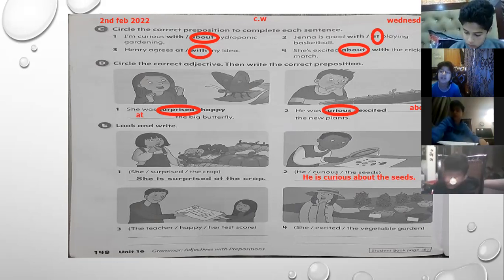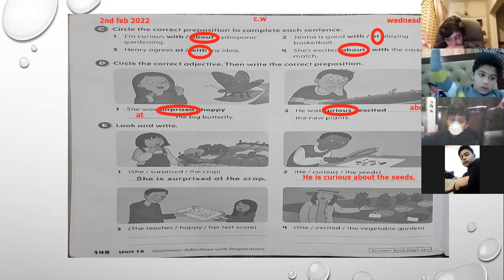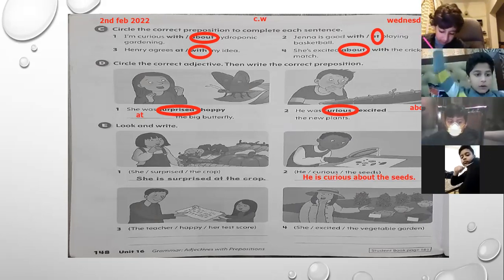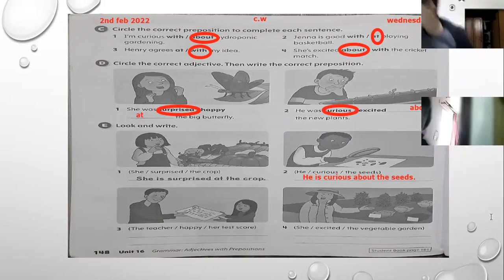Ma'am, if it is, the teacher is happy. Yes, ma'am. Which preposition will be used here? The teacher is happy. Hmm. Okay, just mute yourself, Raghib. With.